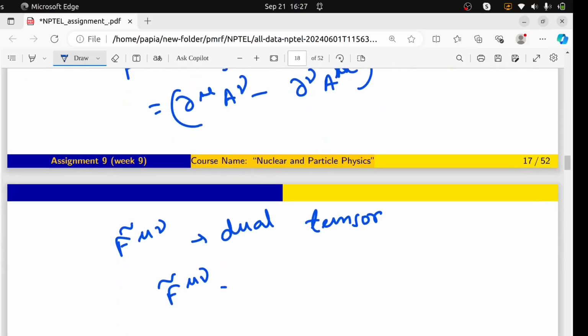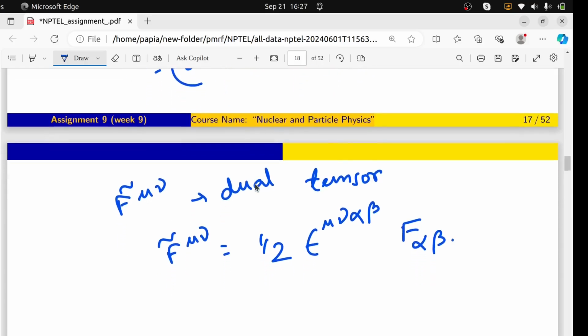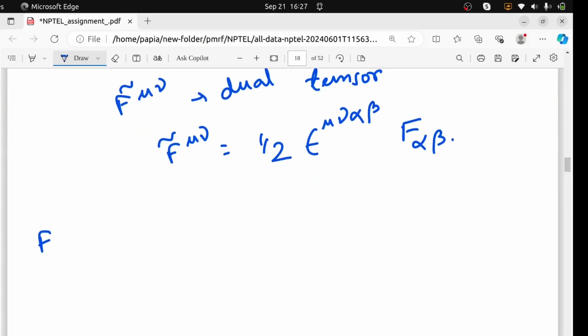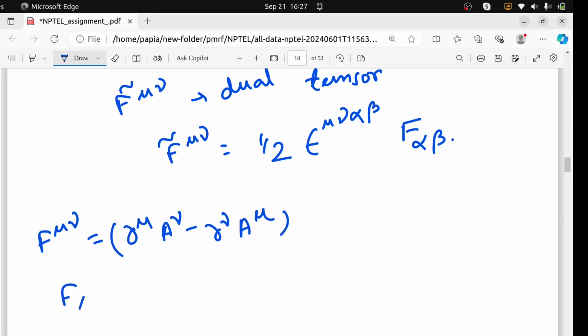F mu nu tilde is equal to half of epsilon mu nu alpha beta F alpha beta. Okay. Now we can see I have written this one. So what will be this one?